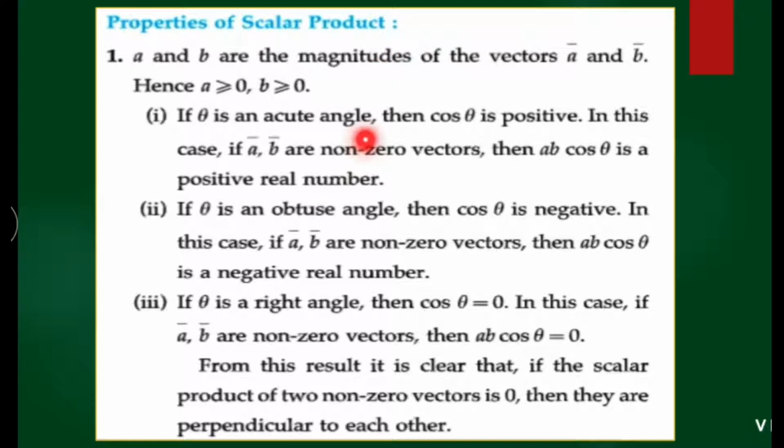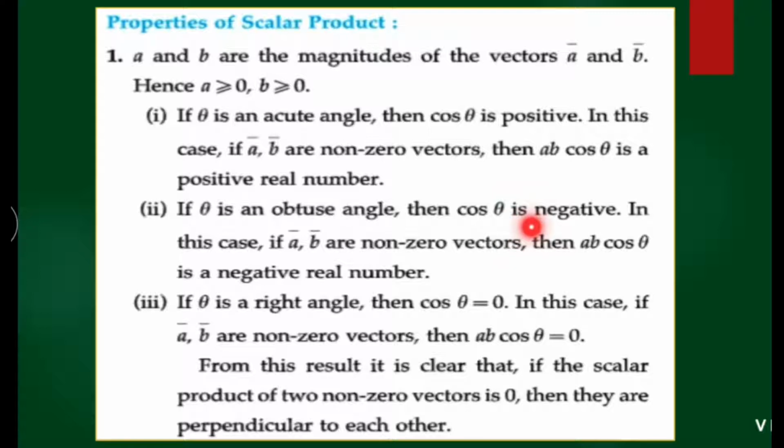So when we see an acute angle made by these two vectors A bar and B bar, then we get cos theta as positive. Second, if theta is an obtuse angle, then cos theta is negative. So when theta is greater than 90 degrees, we get cos theta as negative.